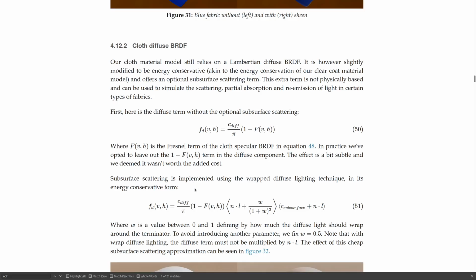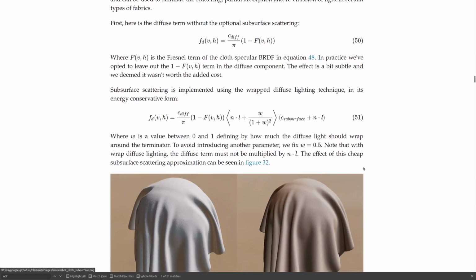Subsurface scattering is implemented using the wrap diffuse lighting technique and is in its energy conserving form. So we've got n dot L with some kind of compensation term here, clamped between 0 and 1, and then some constant for the subsurface plus that n dot L term again.